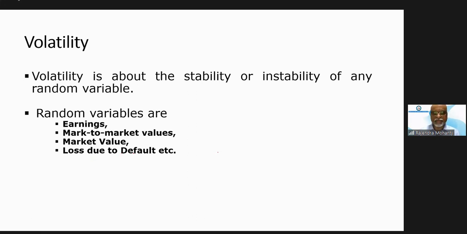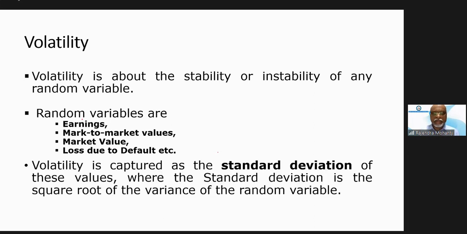So what is the ultimate value, how is it performing in a day? Then the market value of the security, and loss due to default. If there is a loss due to default by the counterparty, how stable or unstable that is, is the main feature of volatility.